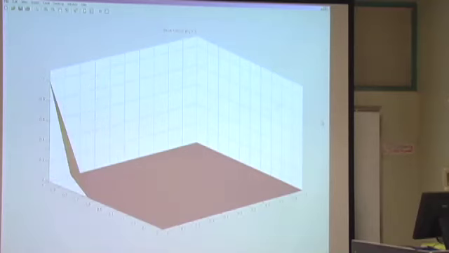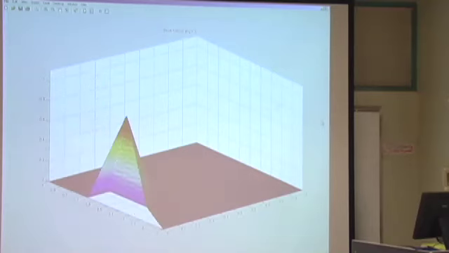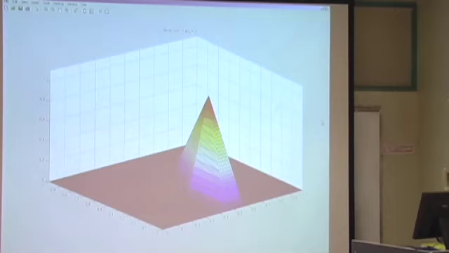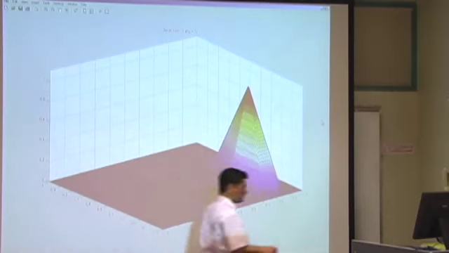It has 1 at the node, and the surrounding points are 0.